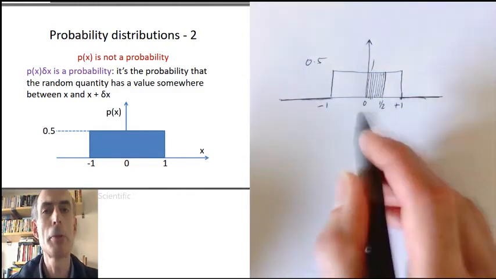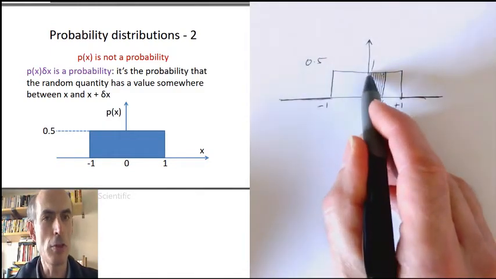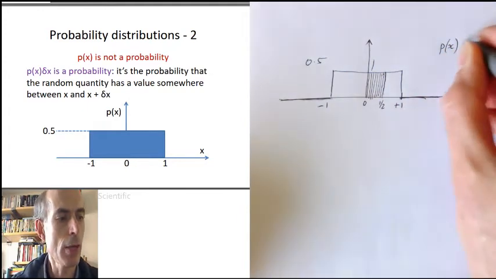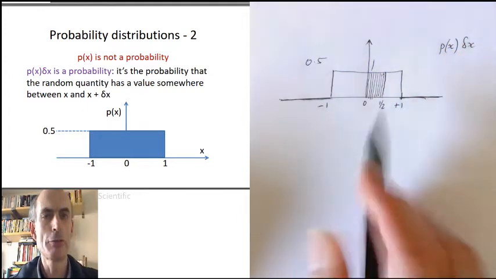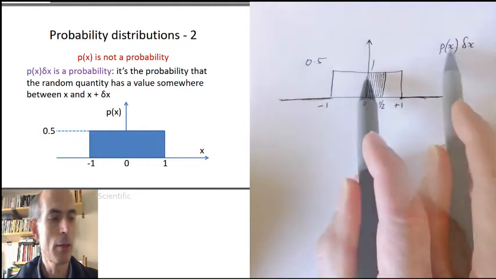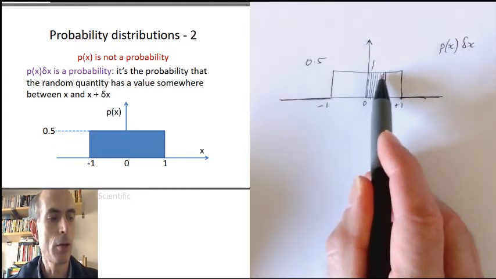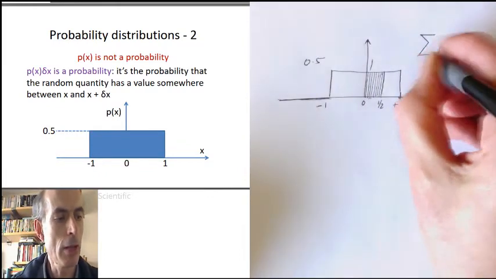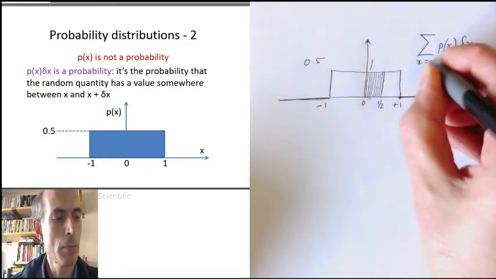Then the probability that x is in any one of these regions will be P of x times delta x. And all we have to do is add up the probability that x is in any one of these regions. Sum them for all values of x between 0 and a half.